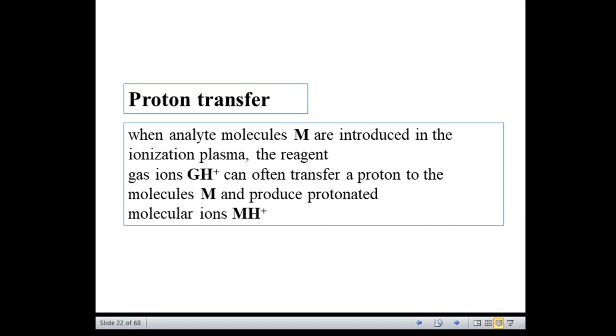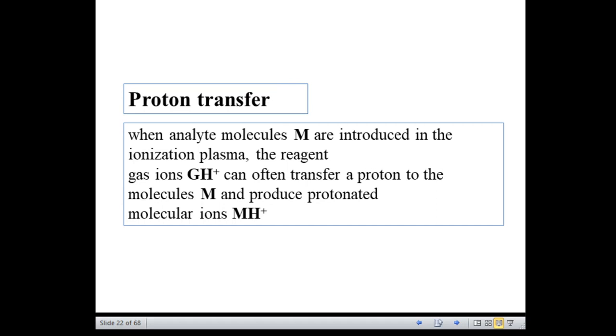And since it's a chemical ionization technique, the possible ionization reactions are discussed. The most common is the proton transfer. So when analyte molecules, which we refer to here as M, are introduced in the ionization plasma, the reagent gas ions, as I said earlier, primary ions, are already present in the source.